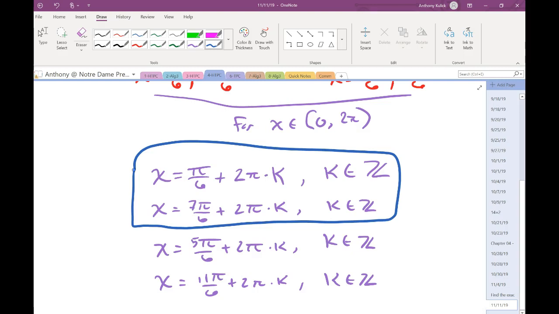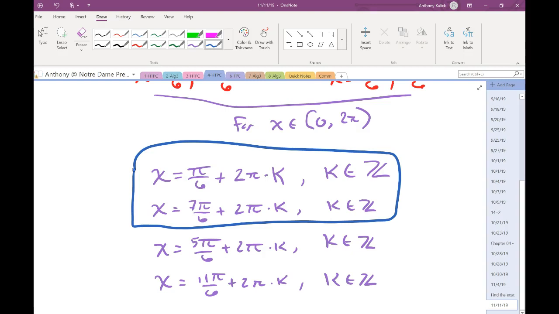Did you notice anything there? How far apart are those two answers? Pi over 6 and 7 pi over 6 are 2 pi apart? Just pi, right?